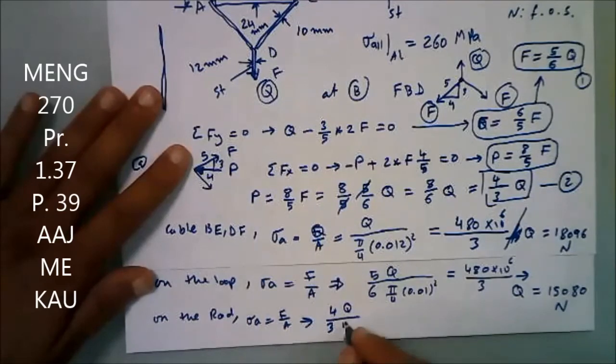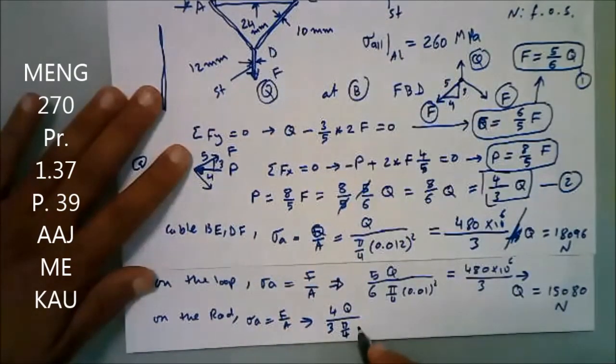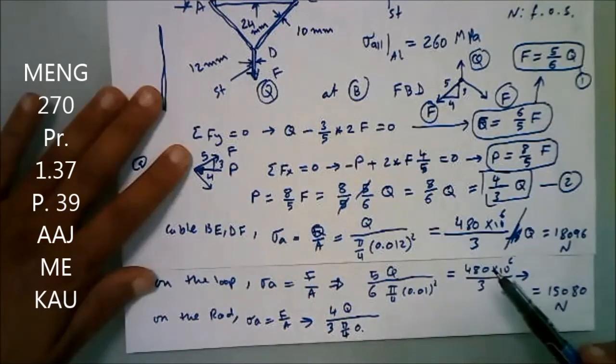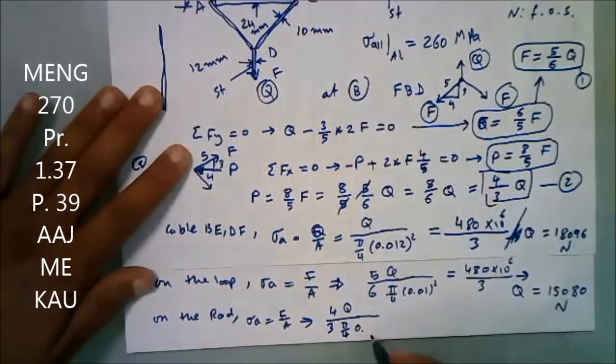4 over 3 Q times pi over 4 times the diameter of the rod here. What is the area of the aluminum rod? It's written here, 0.024 squared.